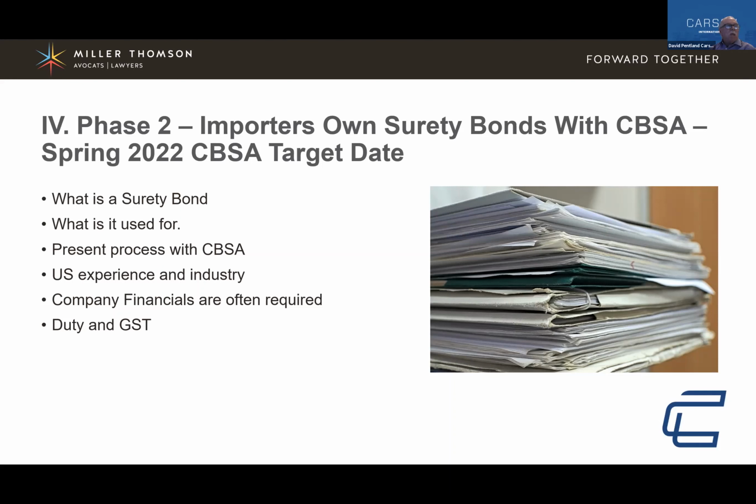If you don't have that in place, you have to pay cash to the US government or Canadian government at time of import. So Canada has decided, hey, the US has a great program, why don't we take on the same program with these surety bonds? The US has been doing this for 70 or 80 years, or in an electronic format the last 10 years. Unfortunately, we're not quite there yet.